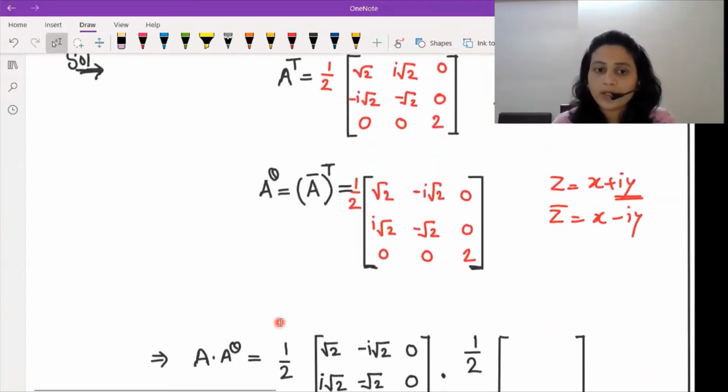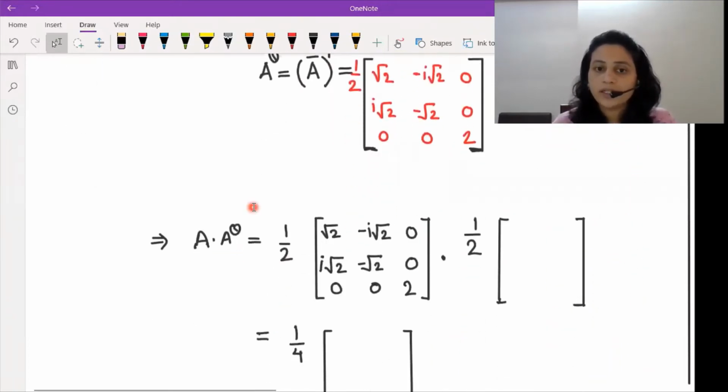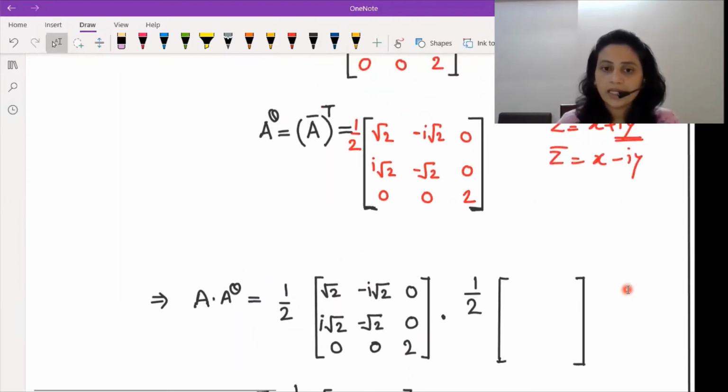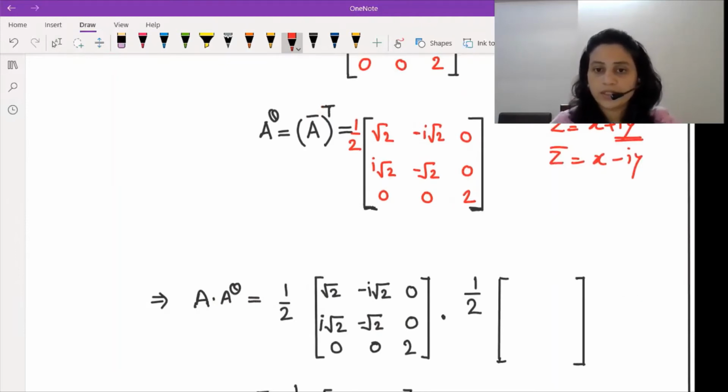Now let's take the product, A into A raised to theta. This is my A. What is my A theta? Just I am going to write here. This is root 2, minus i root 2, 0; i into root 2, minus 2, 0; 0, 0, 2.